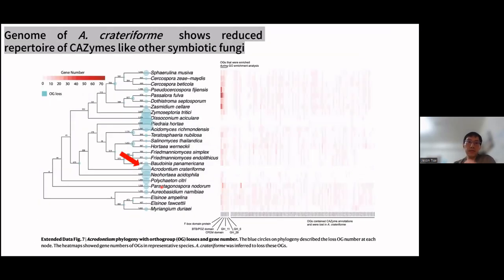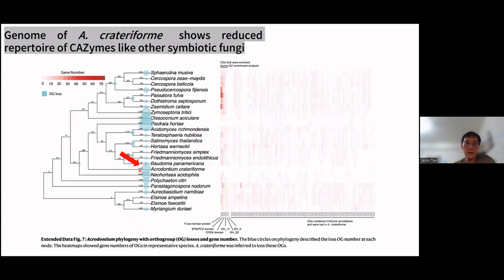One striking feature when we compared the gene family dynamics is that Aquadontium exhibits extensive gene loss compared to sister taxa, as depicted by the larger size of the blue circle here.